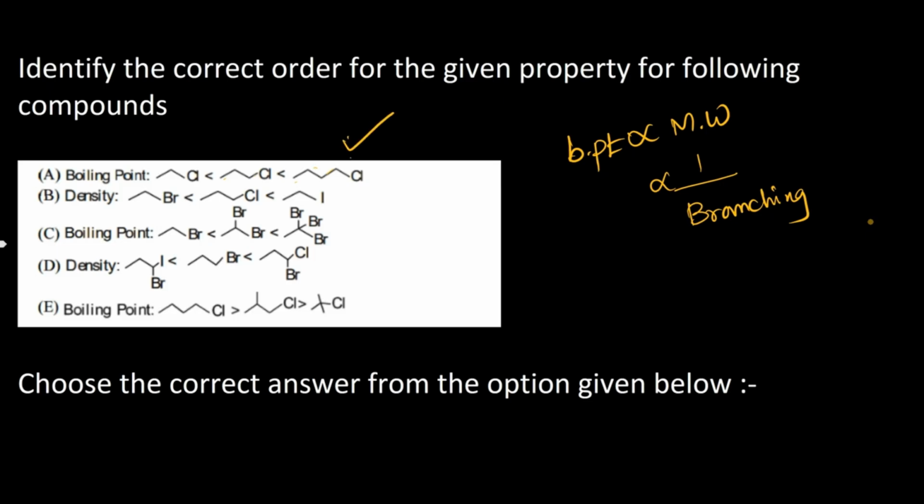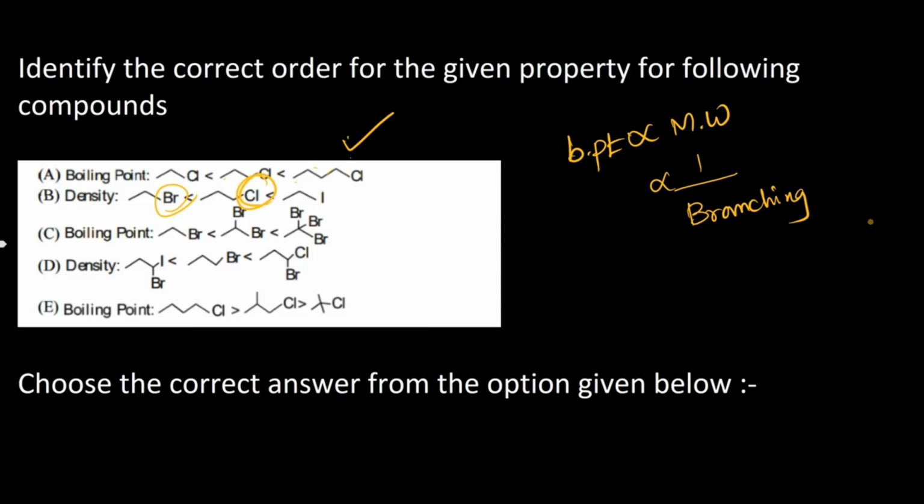This is right. What about density? Density is also more or less the same as boiling point. So here I have bromo, chloro and iodo. Density increases as atomic mass increases. So bromo shouldn't be here.